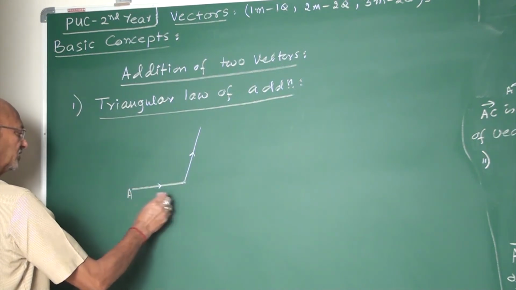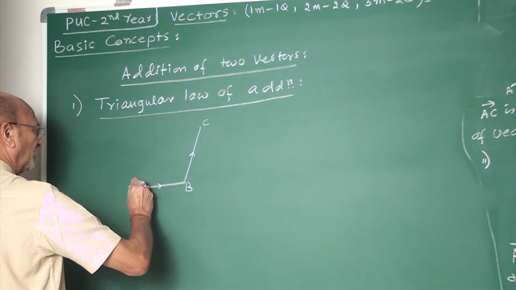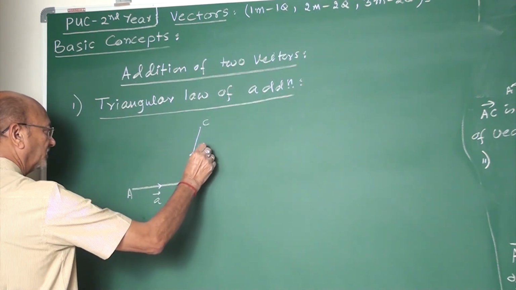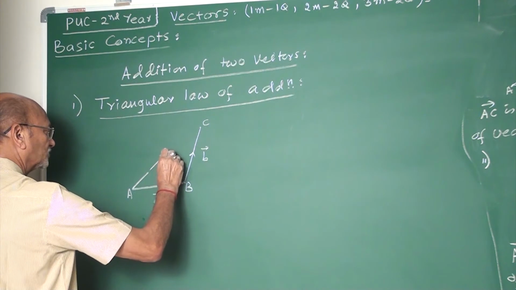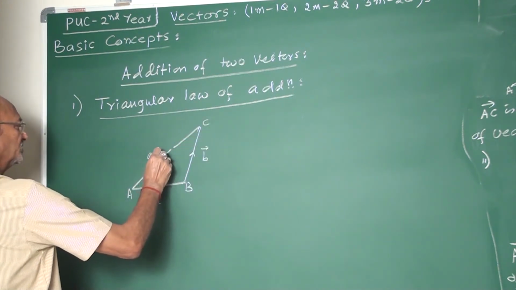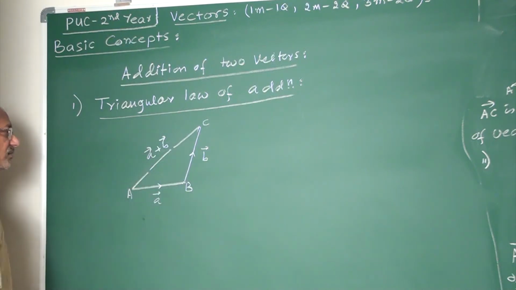If it is AB, then the second factor is BC. If it is factor A, if it is factor B, then the resultant factor is what? AC. This AC is the sum of the two factors A and B.